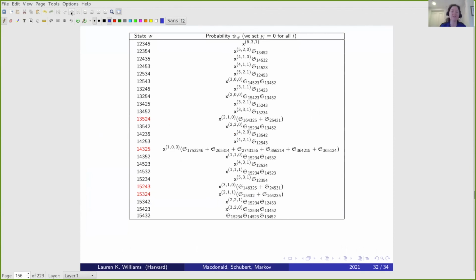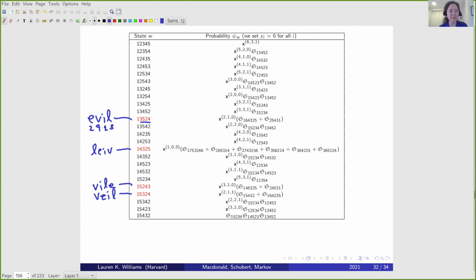So recall in our example, when n is 5, there were 4 bad states whose steady state probabilities were not products of Schubert polynomials, and they correspond exactly to, I think this one corresponds to evil, and then this one is vile, this one has the bad pattern veil, and this one has the bad pattern leave. So the 3, 5, 2, 4 has the same relative order as evil, where this was supposed to be 1, 2, 3, and 4.